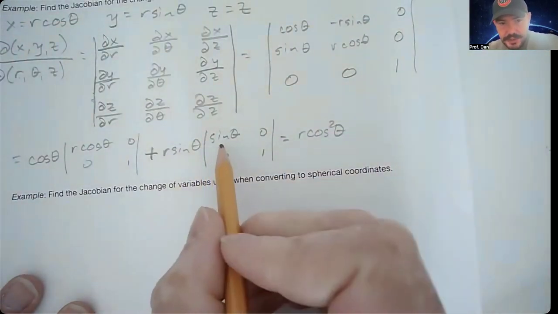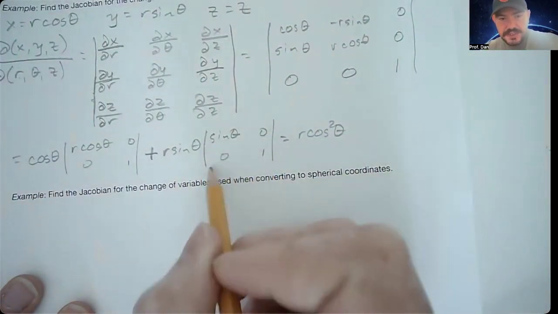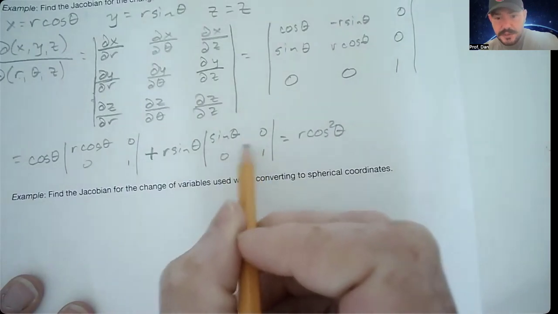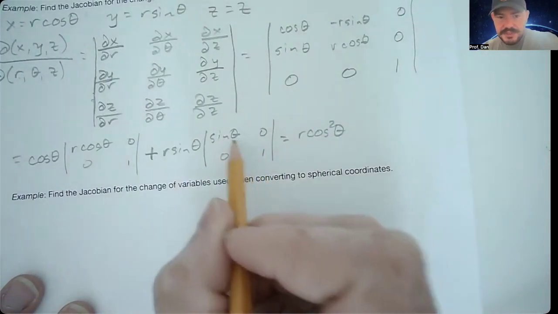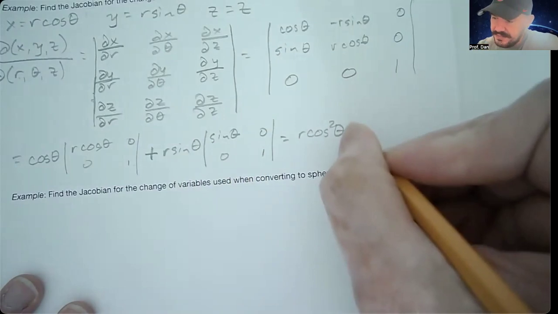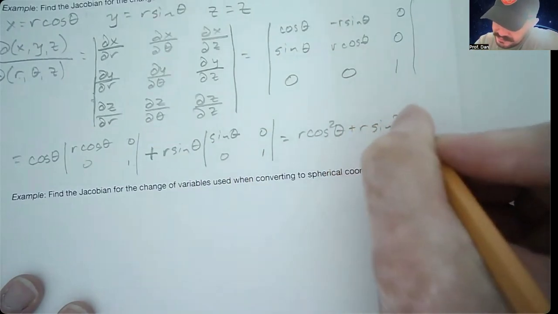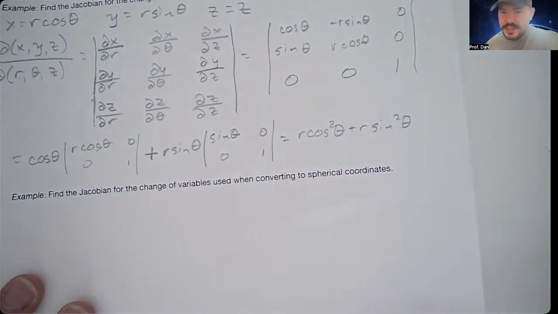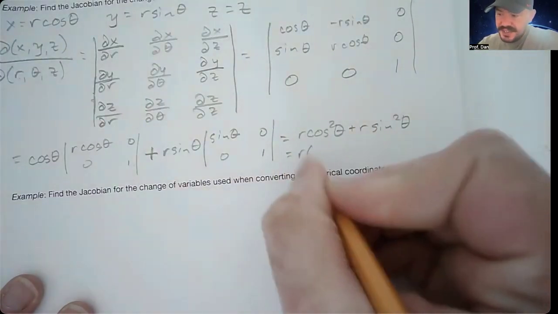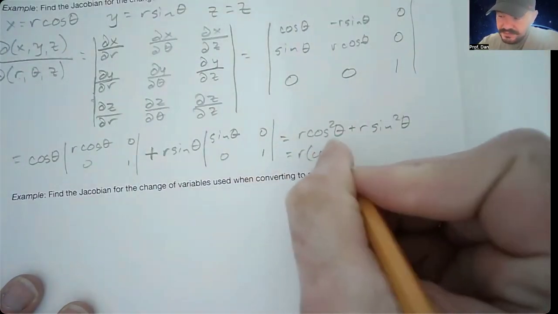Now let's look at the second one. Sine theta minus 0. So the determinant is sine theta. Multiply by this, what do I get? R sine squared theta. And just like the last time, I can factor an r out.